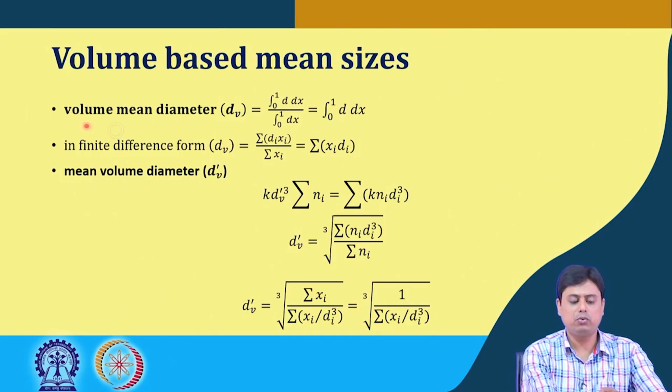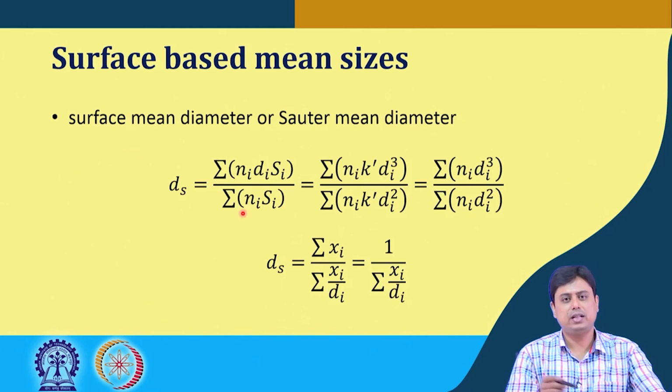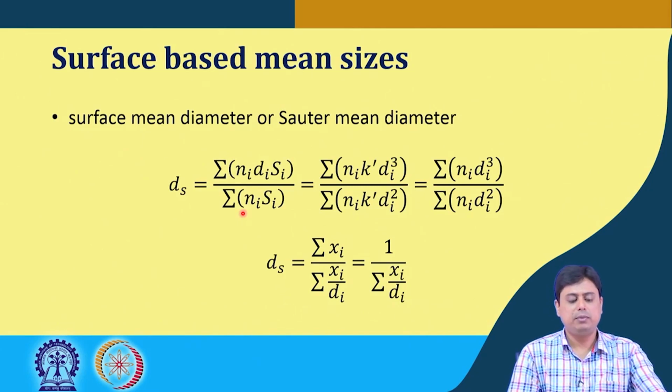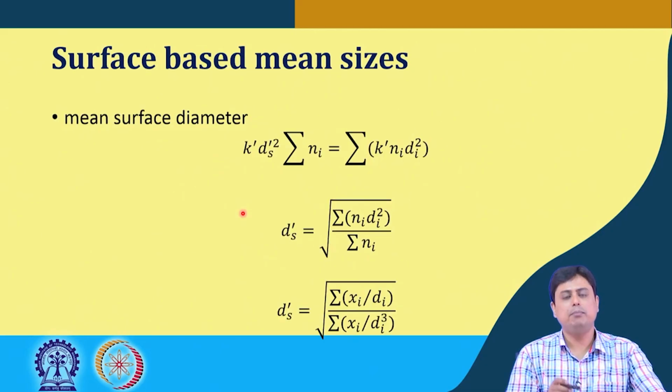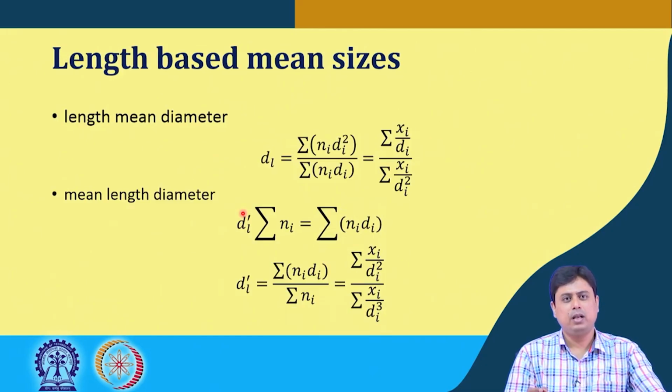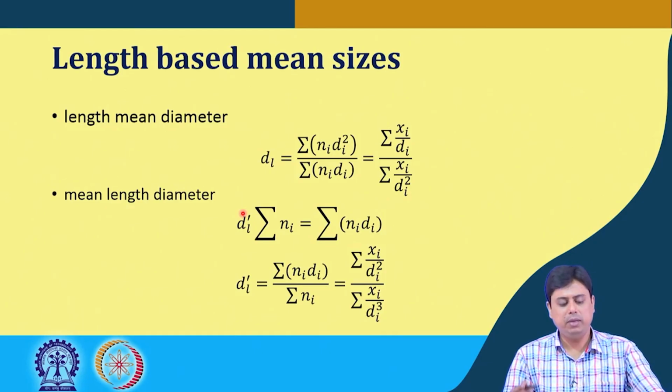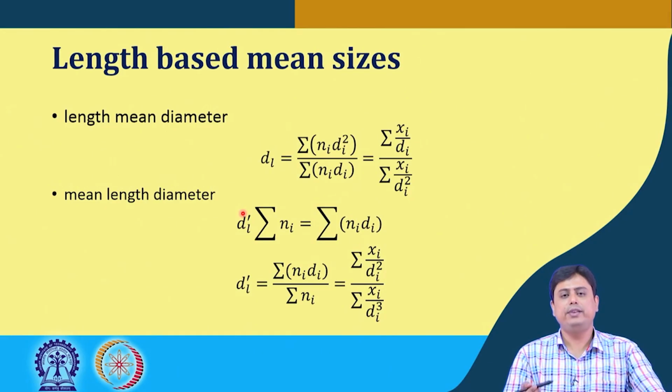So do not confuse volume mean diameter and mean volume diameter. This results in two different expressions. Similarly, surface mean diameter or Sauter mean diameter versus the mean surface diameter, and length mean diameter and mean length diameter. So these are the 6 variants we have seen, and these are different in expression, as well as can yield different values for a given size distribution.